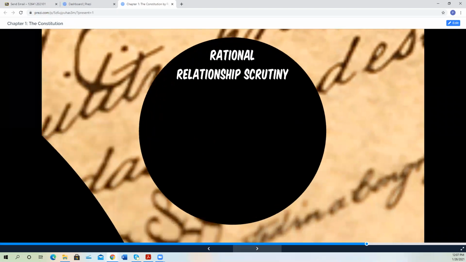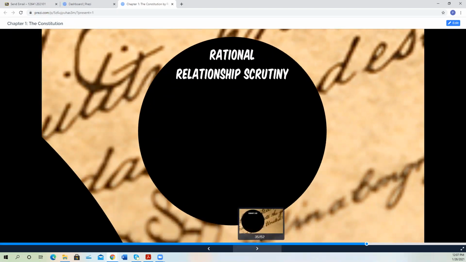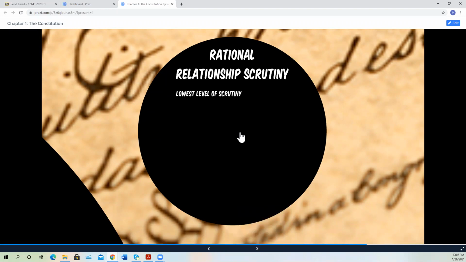So let's take a look at our first level of scrutiny, what we call the rational relationship scrutiny. It's the lowest level of scrutiny that we have, meaning it's the easiest for the government to prove. If the who qualifies for this rational relationship scrutiny, it's going to be very easy for the government to win that case.